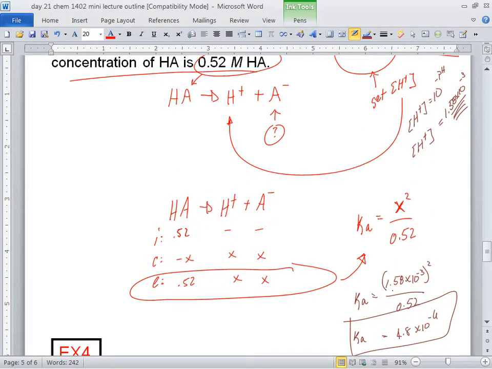Get around 5 times 10 to the negative 6 is the final answer. About 4.8 times 10 to the negative 6. So if you got it, keep going. All right. So I ended up with about 4.8 times 10 to the negative 6 is the final answer for my Ka.